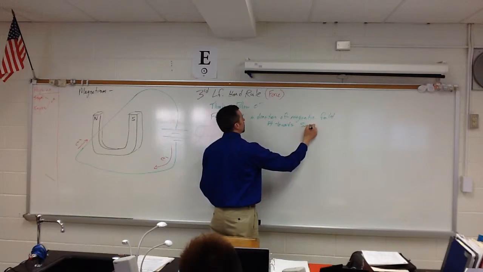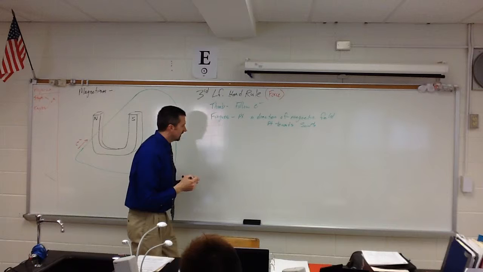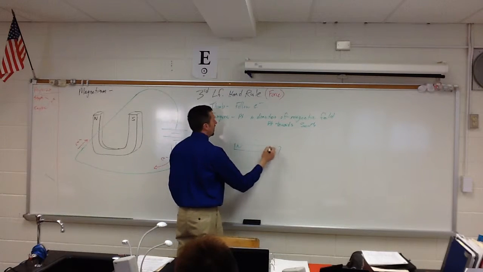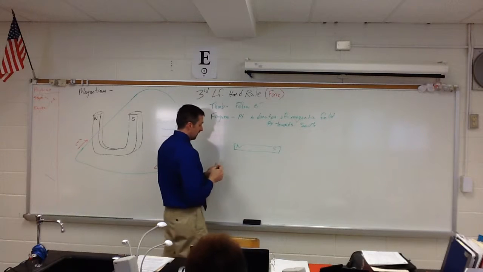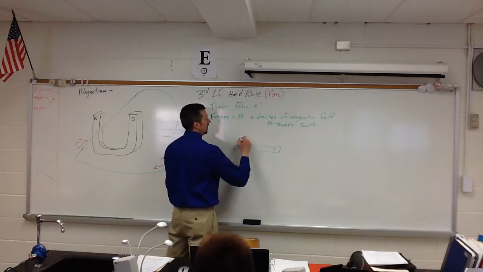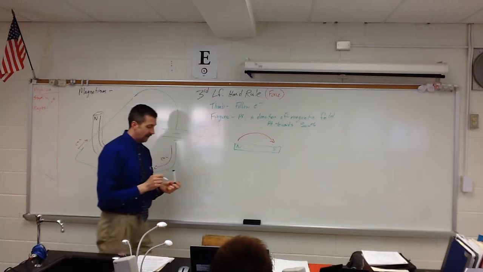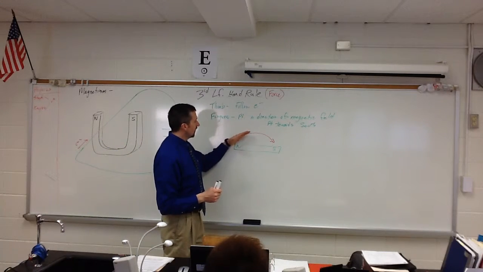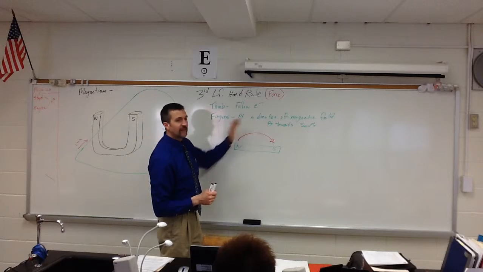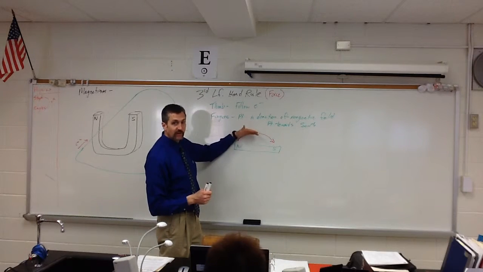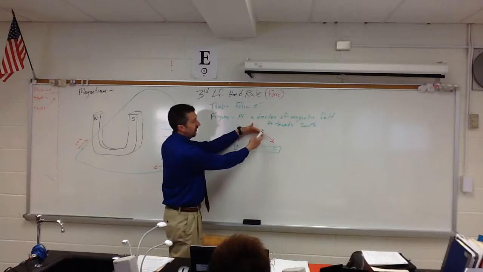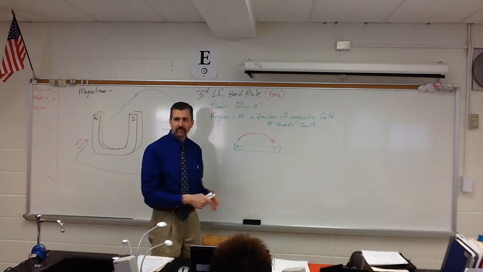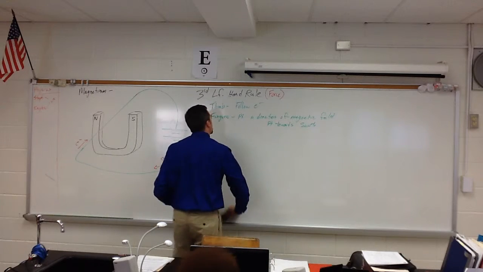That's the way I'll phrase it. Because remember, a couple lessons back, when we had a bar magnet, we drew the magnetic field going from the north to the south, correct? So what I'm saying is, with your fingers, follow the magnetic field. In essence, your fingertips are pointing towards the south. Fair enough?